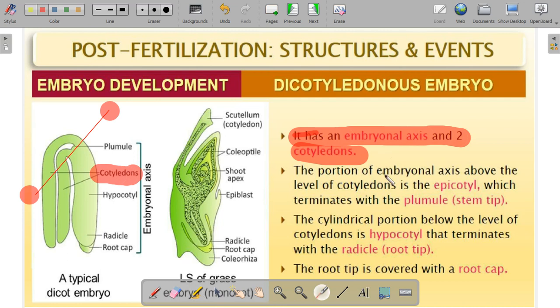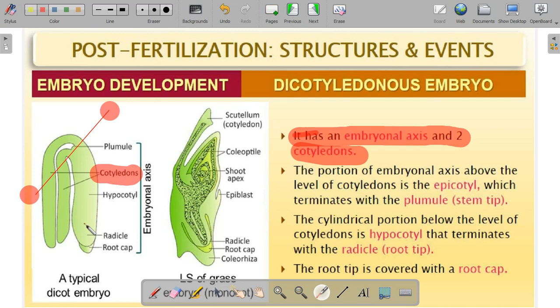The portion above the embryonal axis is called the epicotyl, which is not represented in the diagram. The epicotyl region terminates at the plumule. The plumule will transform into the shoot tip. The portion below the embryonal axis is the hypocotyl, which ends at the radicle, and the radicle develops into the root system. It is covered by the root cap.